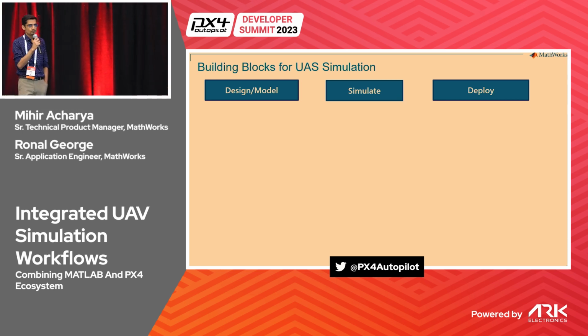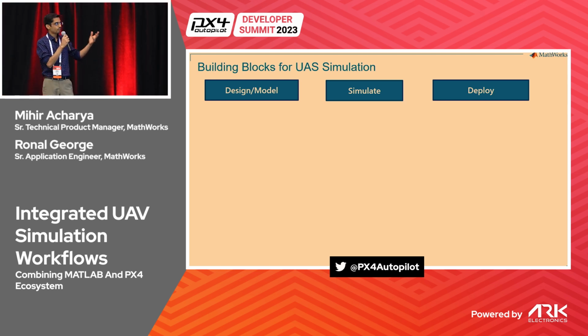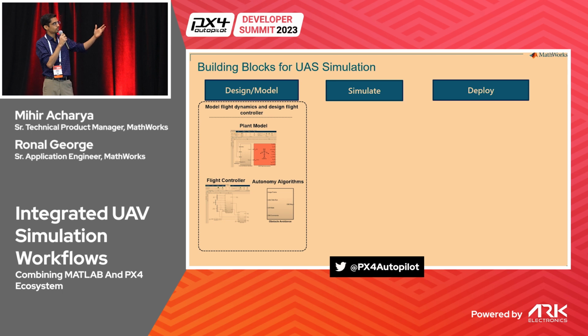Awesome. So to do something like that, there are several different building blocks we have to consider. For simulation, something that we start with is designing the plant dynamics or plant model and flight controller, for which we provide a lot of baseline models out of the box that someone can start with. And then we also design autonomy algorithms along with that to make your flight autonomous.